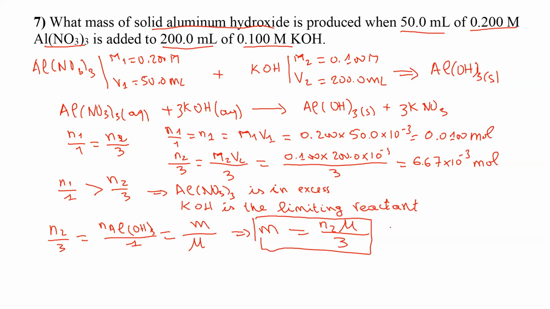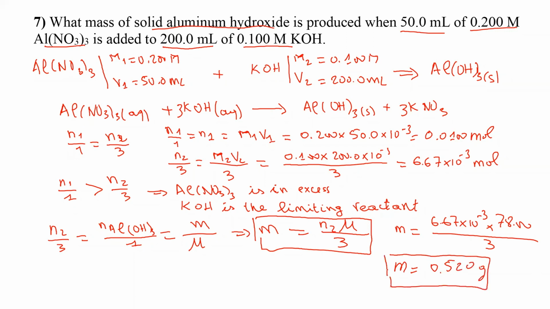We can get the numerical value. So N2 is 6.67 times 10 to the power minus 3. The molar mass of aluminum hydroxide is equal to 78.00, and divided by 3. And the numerical value is M equals 0.520 gram.